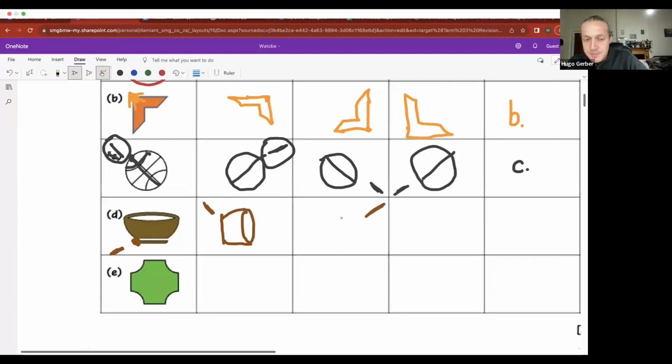Do you agree? Yes, sir. And then from this point of reference, I draw the same shape. So there's my base. And then there. And there. And then this little circle situation to show that it's a bowl.